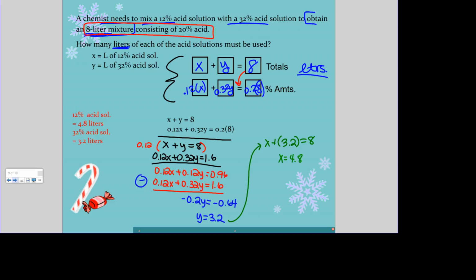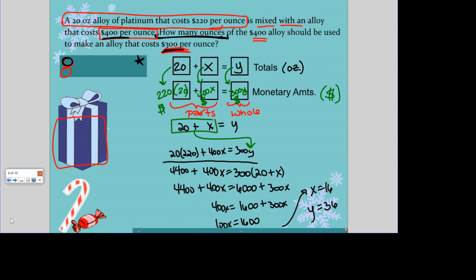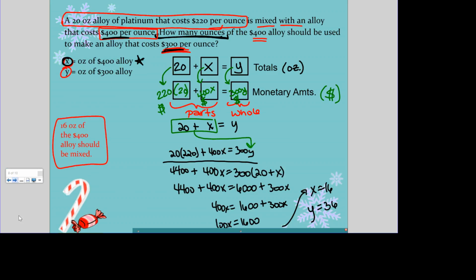Do look out for when you're given one of the parts and you're looking for the total. That one we just saw, last example, that's going to be probably a little more rare, but just something to always be looking out for. That can happen in these problems. And that concludes the mixtures lesson for systems.